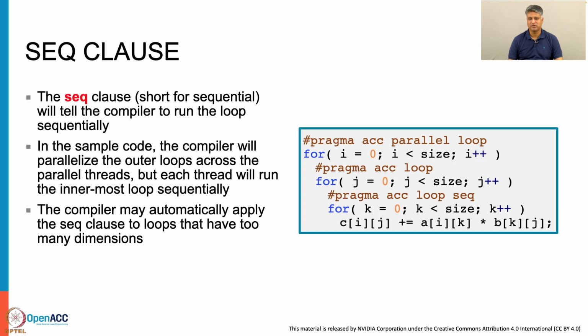So we can implement it by suggesting to the compiler that the outer loops are parallel, whereas the innermost loop is sequential. The compiler may sometimes automatically apply the sequential clause to loops that do not have too many dimensions as well.